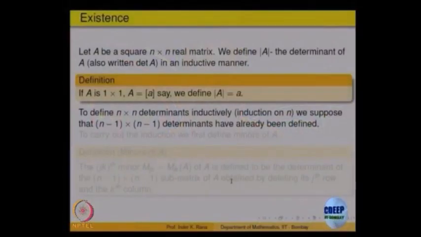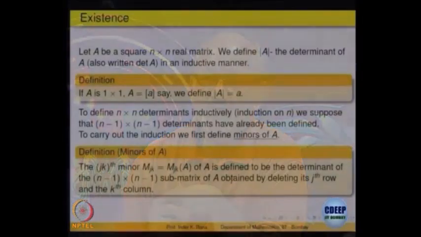Assume you have defined the notion of determinant for n minus 1 cross n minus 1 matrices. That means, for every n minus 1 cross n minus 1 matrix, you have the notion of determinant with those three properties. With those three properties, I want to define what is the notion of determinant for an n cross n matrix.